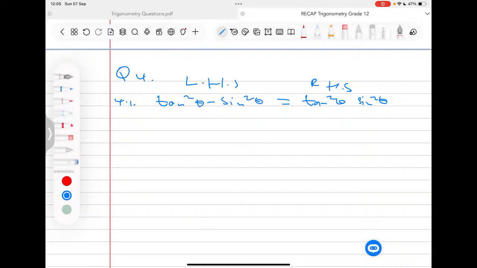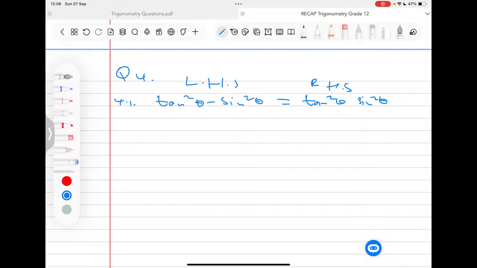And when you simplify, it will then go to the other side that you're trying to make it equal to. The thing with proving identities is that sometimes you also have to look at the other side as you are solving, because you want them to be the same, right? You want them to be the same.